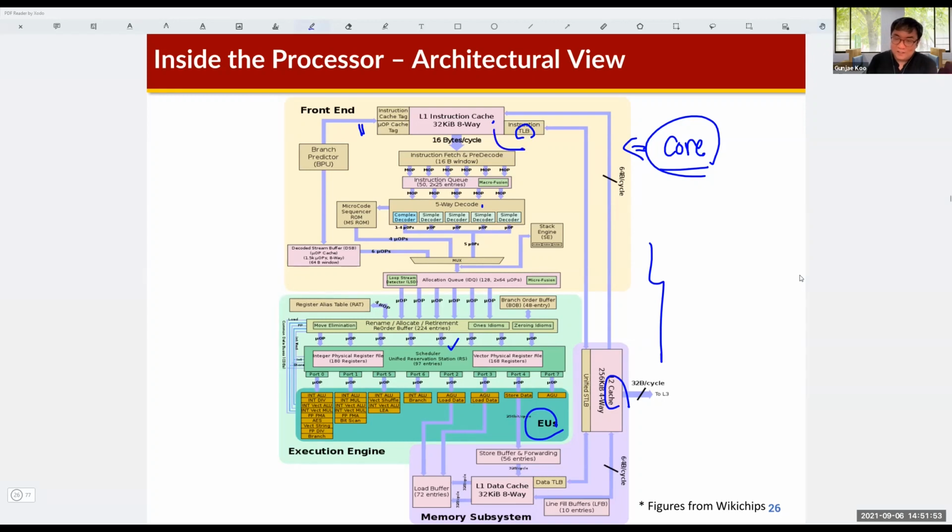So the instructions are read from the instruction cache, and then instructions are delivered to the instruction fetch engine and decoder, and then instructions are decoded here, and the instructions are issued to the processing engines, and then access the data cache. And then signals are connected between components.